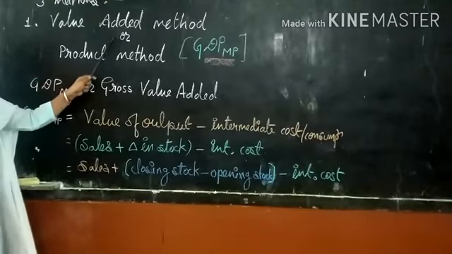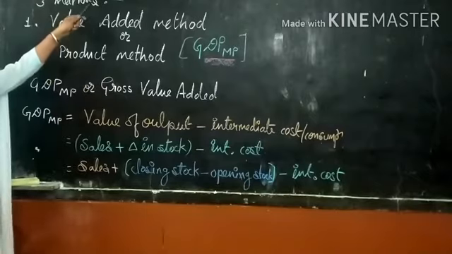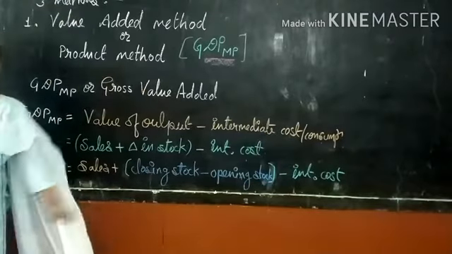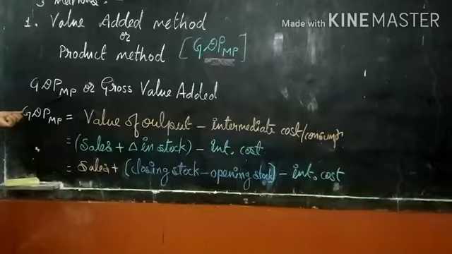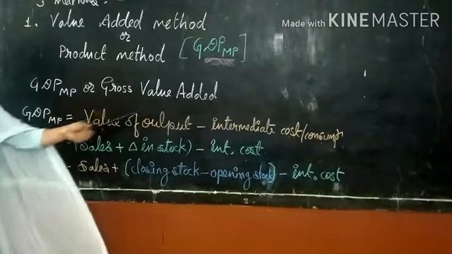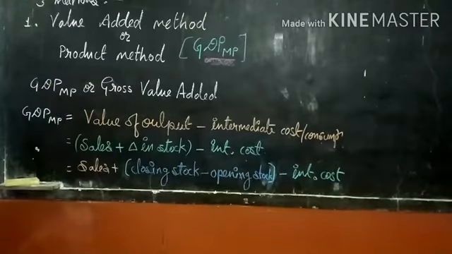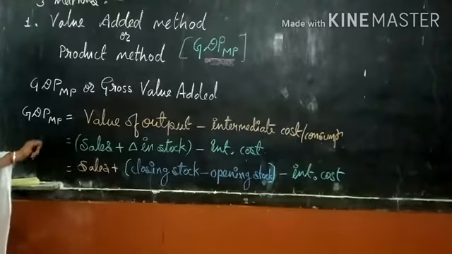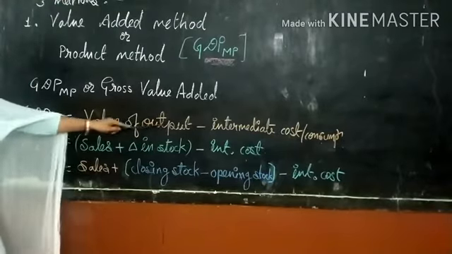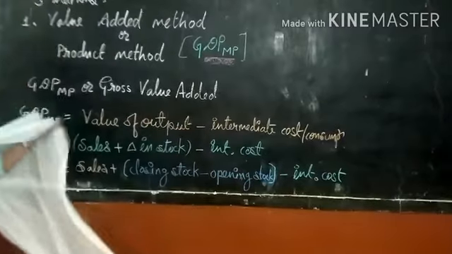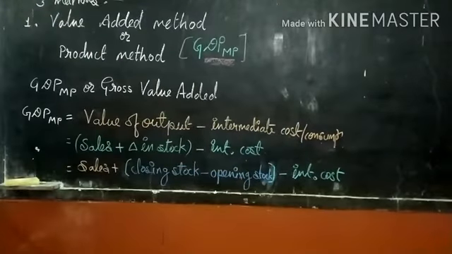From value added method, we estimate national income in term of GDP MP. GDP MP is also known as gross value added, and it can be estimated with the help of this formula: value of output minus intermediate cost or intermediate consumption.